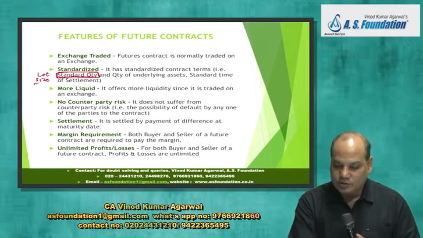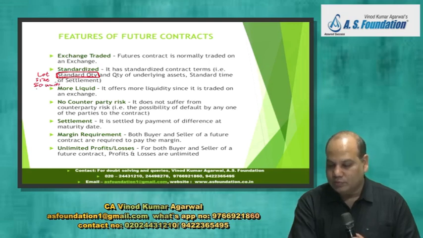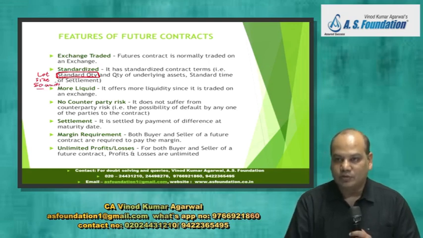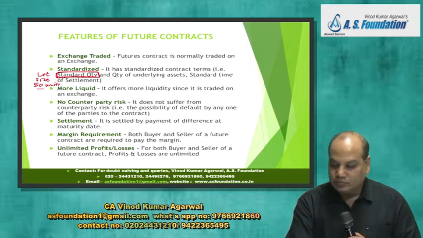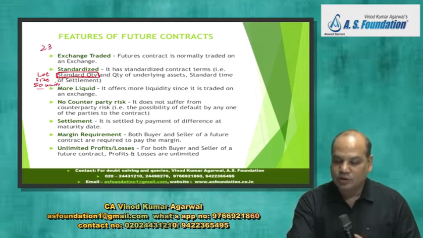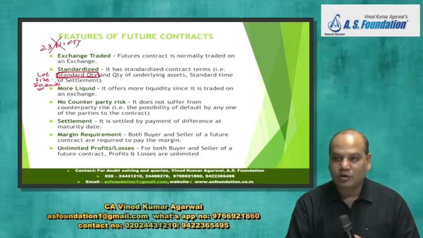The lot size is 50 units. One lot will have 50 units. Now you can't say I want to buy 23 Nifty. Not possible. You have to buy minimum one lot, and one lot has 50 units.